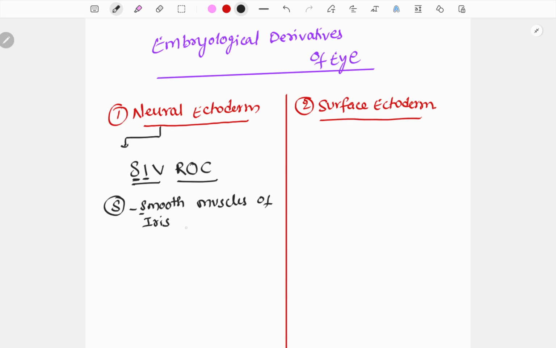What are the smooth muscles of iris? There are two: sphincter pupillae and dilator pupillae. And I is iris epithelium.